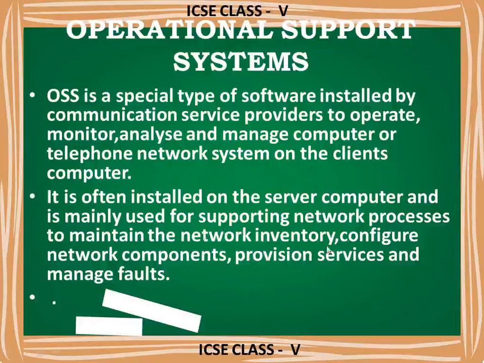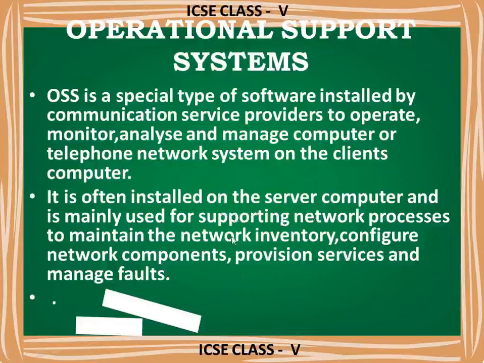A server is mainly used for supporting network processes: to maintain the network inventory, configure network components, provision services and manage faults. If there is any fault in a network, if any new component needs to be installed, or any application or device needs to be configured, they do all that work on a server.